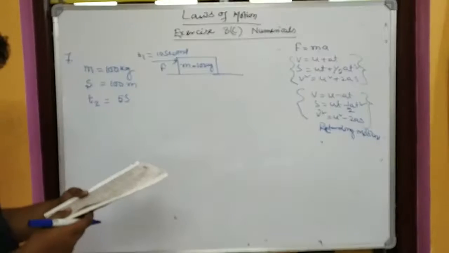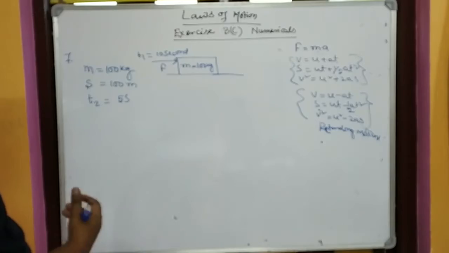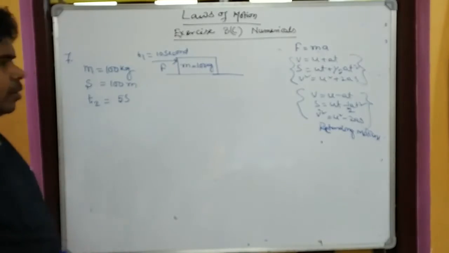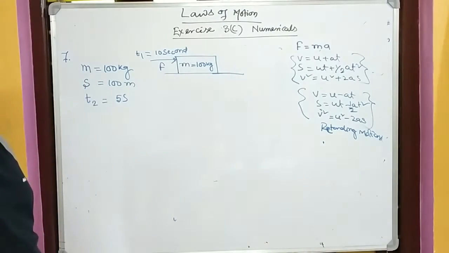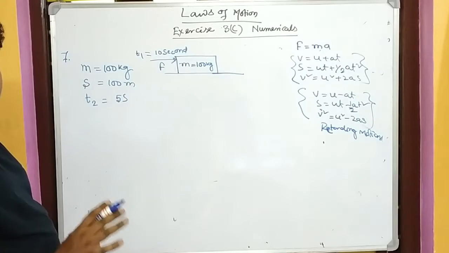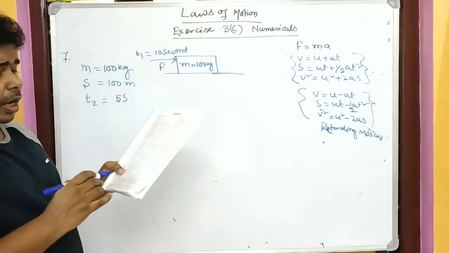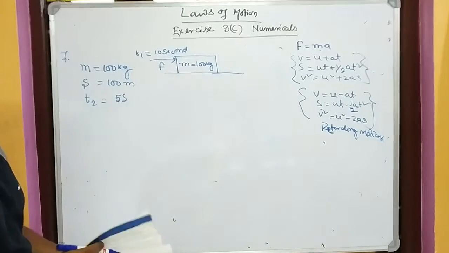First question: calculate the velocity. When it asks about velocity, you will think about which equation to follow, but here, if I follow the last line, the body moves through a distance of 100 meters in the next 5 seconds.